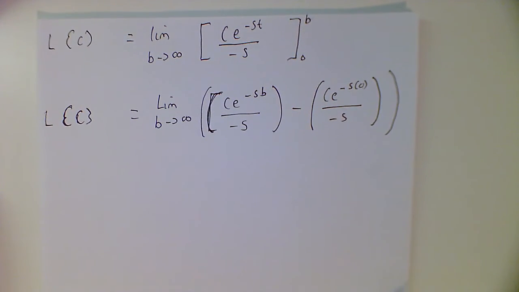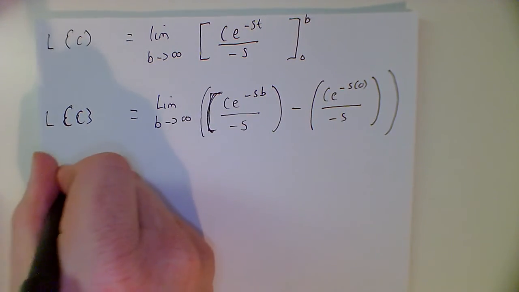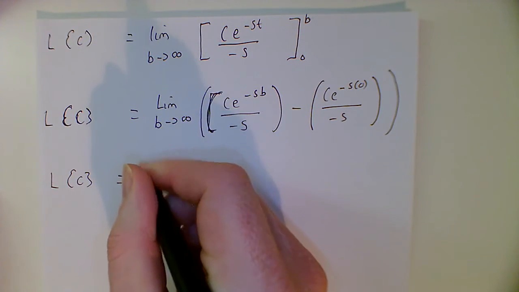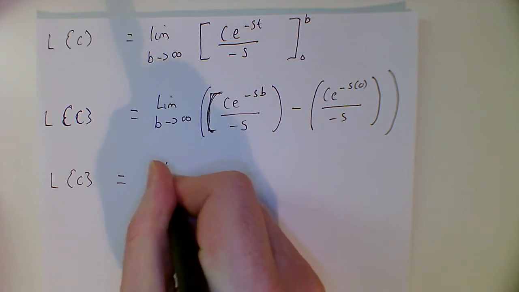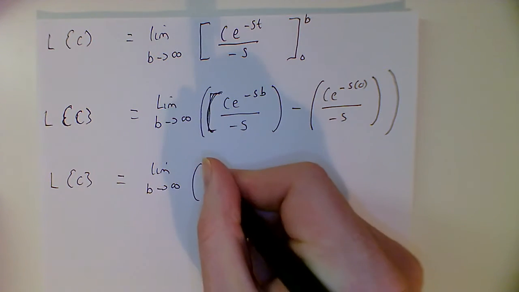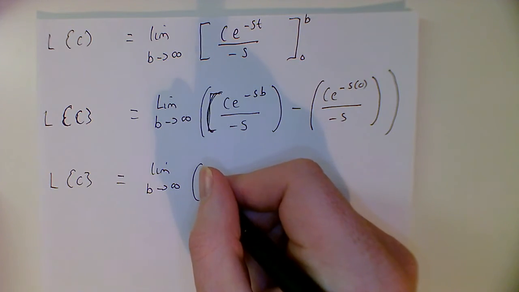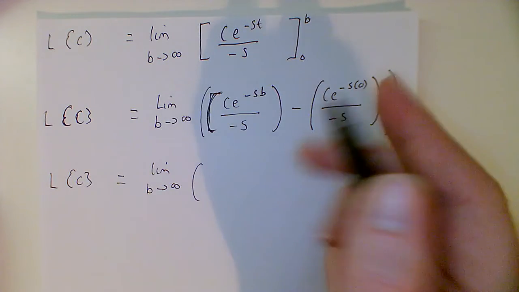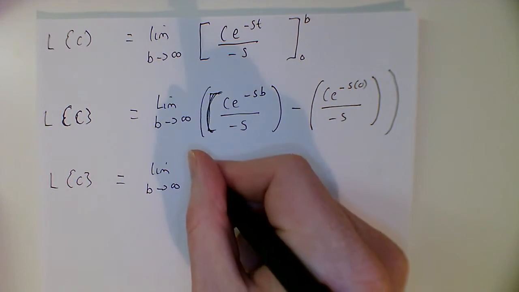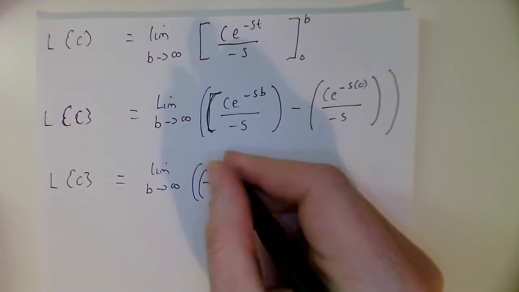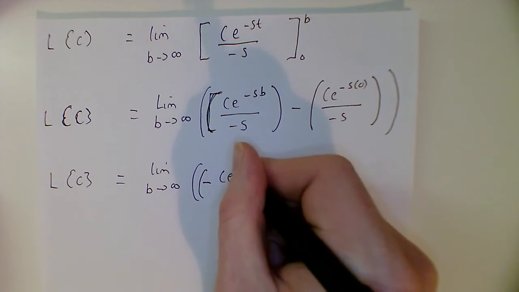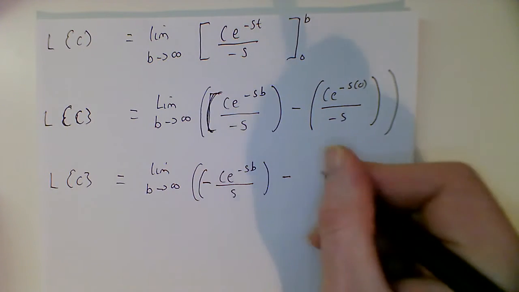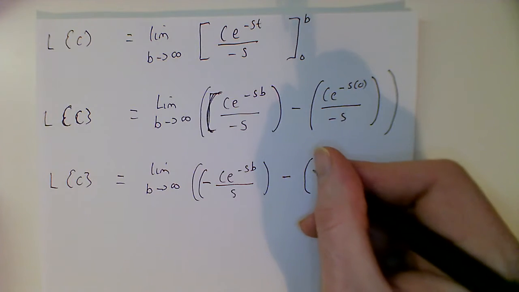Right, now I'm just going to simplify this down. I should never be dividing by a negative, so I'm going to bring that up and make the whole fraction negative. So that's negative c e to the power of negative sb over s. Take away, again I'm going to bring that negative up.